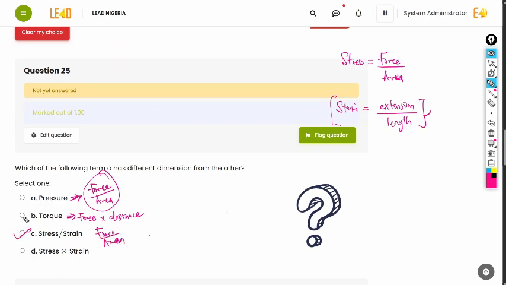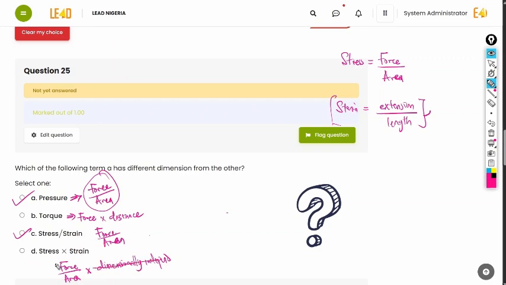So that means that C and A are the same. Because strain is e over L, and strain has no dimensions, it doesn't matter.